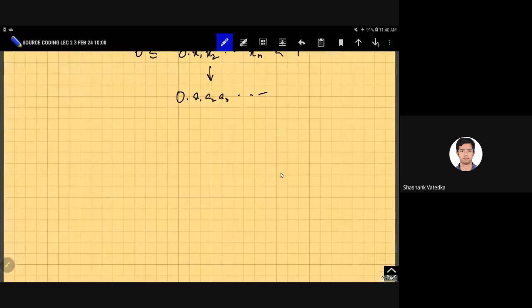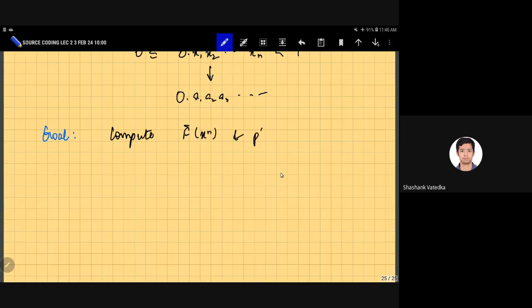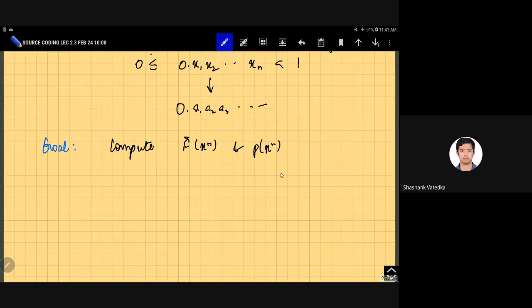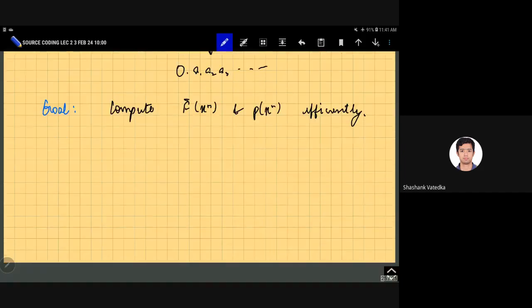Okay, so the goal now, if we want to construct the Shannon-Fano-Elias code, is to compute f bar of xn and p of xn efficiently. All right, and how do we do that?